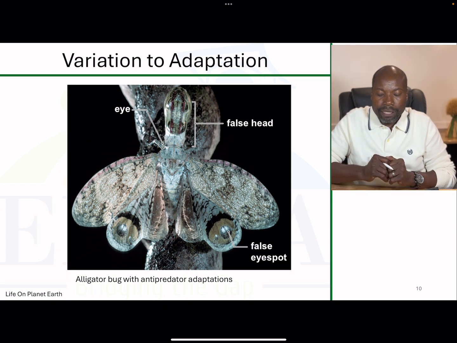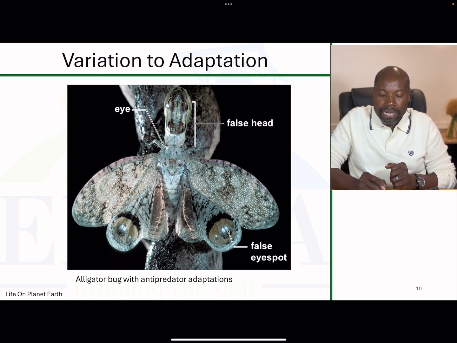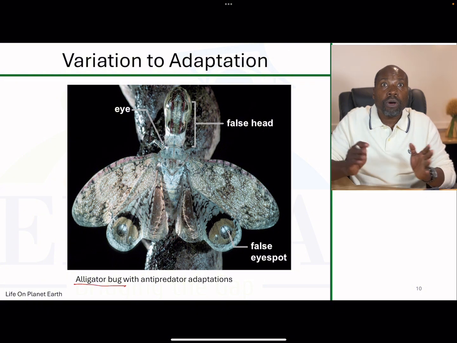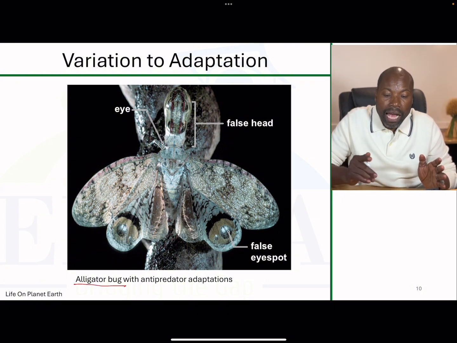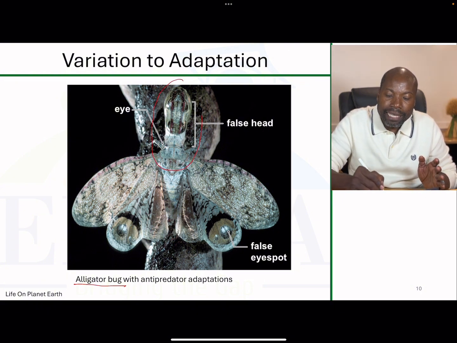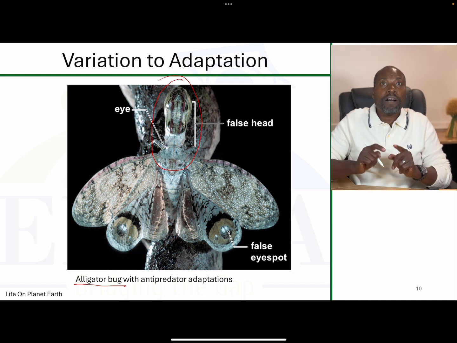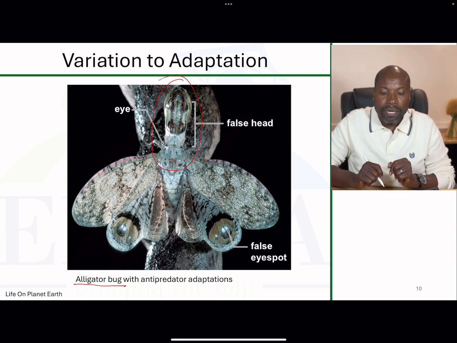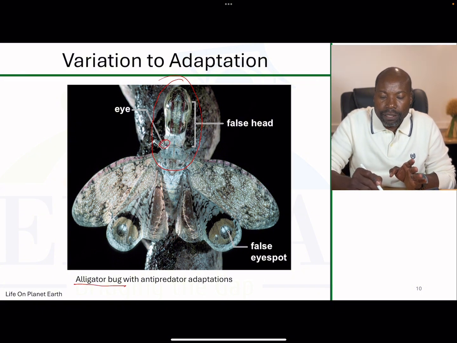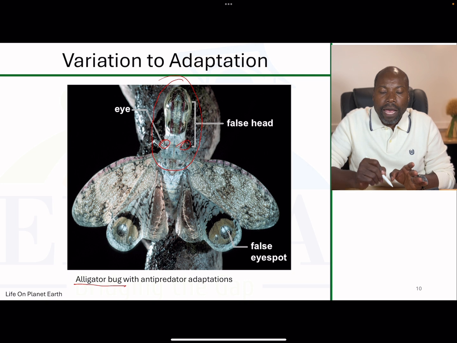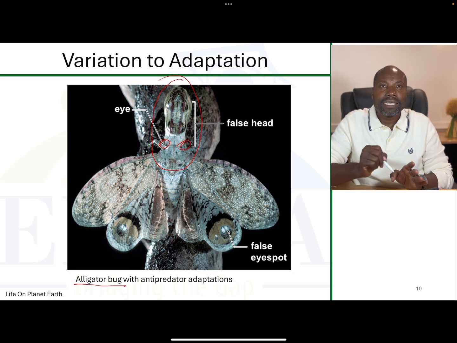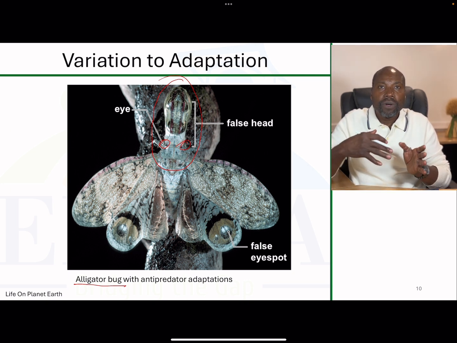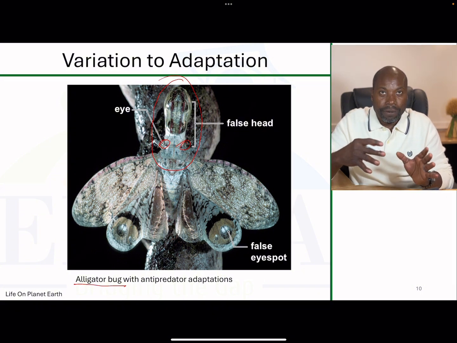Let's take a look at this alligator bug. This alligator bug is called alligator bug because actually its head is reminiscent of that of an alligator. Now, when we look at this insect, we can see the eyes right here, and we can see that the head resembles a miniature alligator.